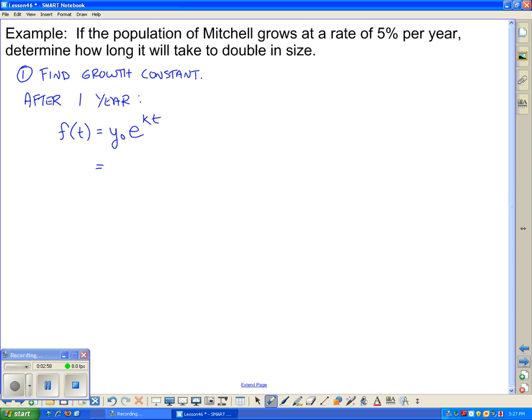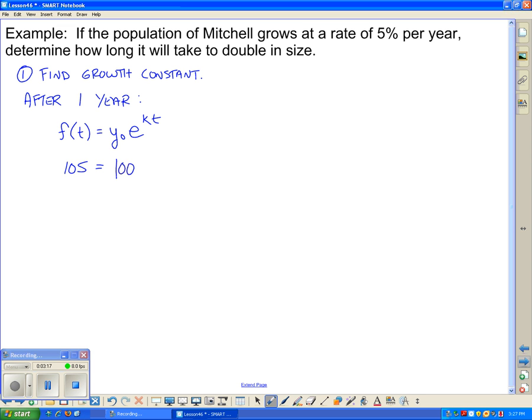So what I would do is, if this year the growth, let's say there was 100%, then next year there would be 5 more percent, so it'd be 105. You can really pick 1 and 1.05. It doesn't matter.